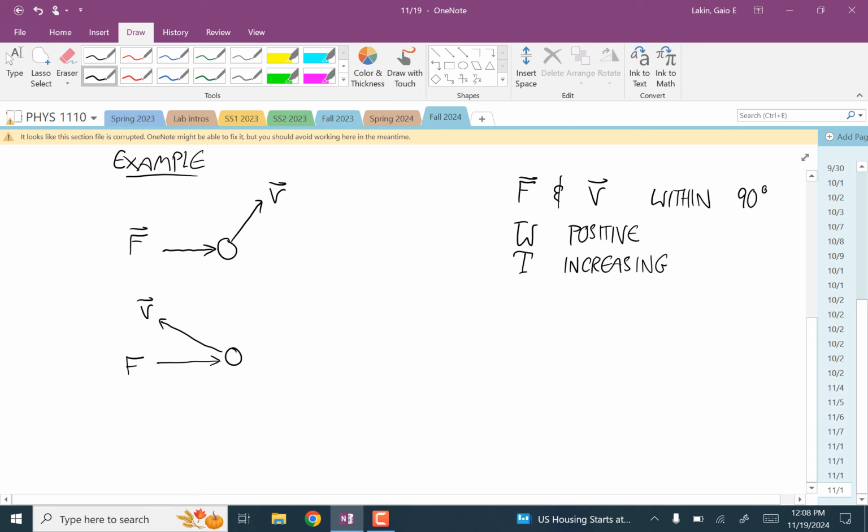So yeah, that's going to be decreasing, because in this case, the force and the velocity vector are over 90 degrees apart. And so the work is going to be negative, and so the kinetic energy is going to be decreasing.